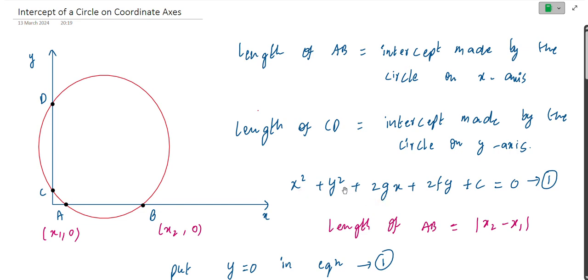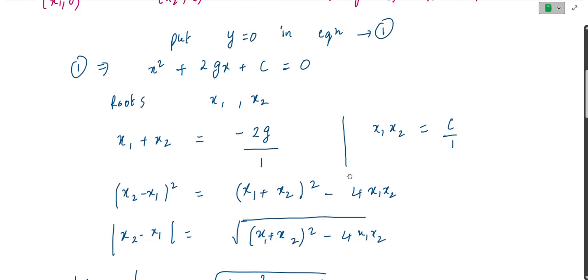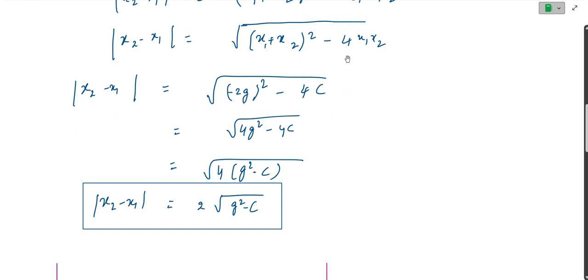Then we will be getting y square plus 2fy plus c is equal to 0, a similar quadratic equation, with y square instead of x square. Instead of solving all this once again, I'm just writing the result here.